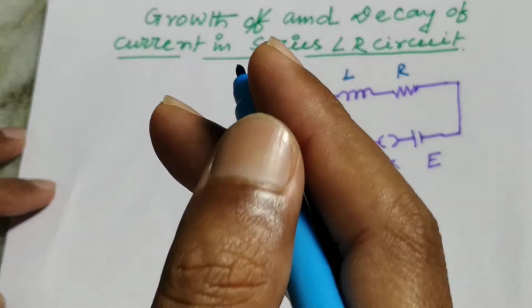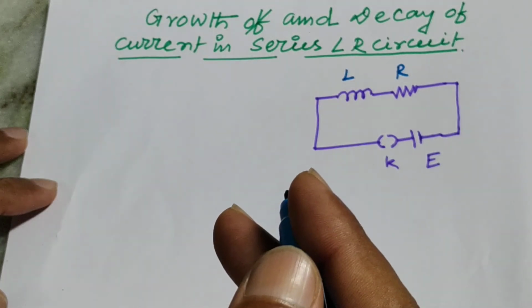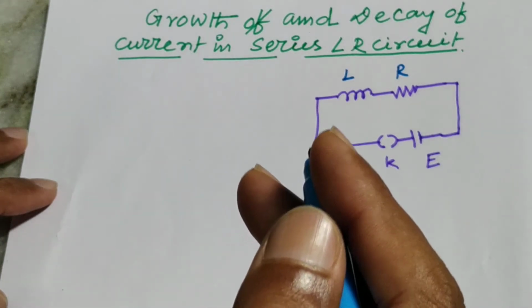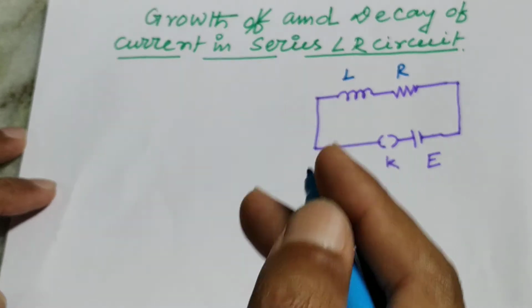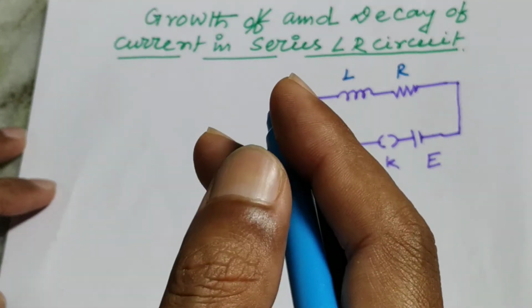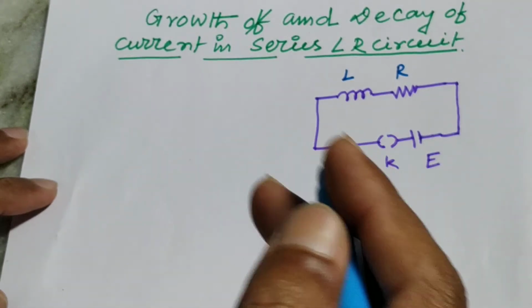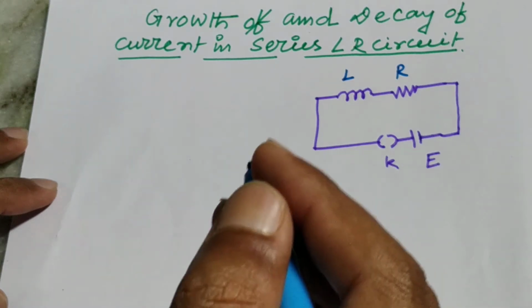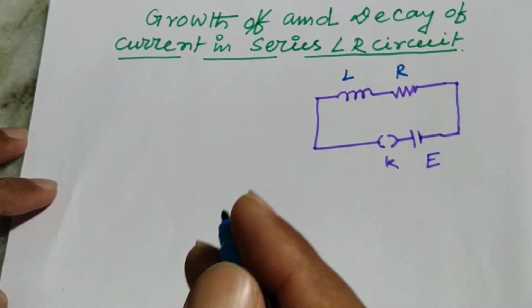Again, if we disconnect the circuit, the current or charge in the circuit does not fall to zero immediately after disconnection of the voltage source.